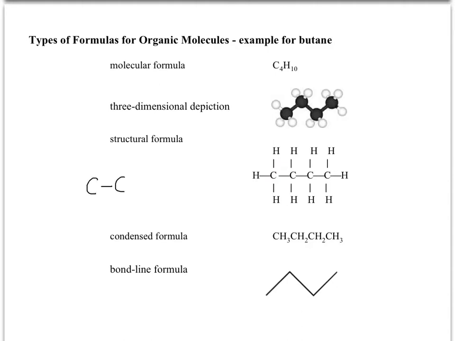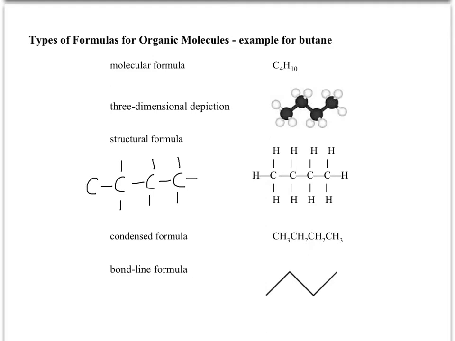If I were to draw out the structural formula, I would want to have carbon having 4 covalent bonds. So we have the first one drawn, and then 1, 2, 3, 4. The carbon next to it has 1, 2, 3, 4. The carbon next to that has 1, 2, 3, 4.